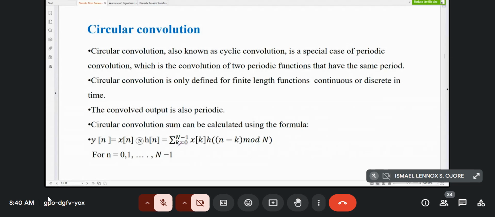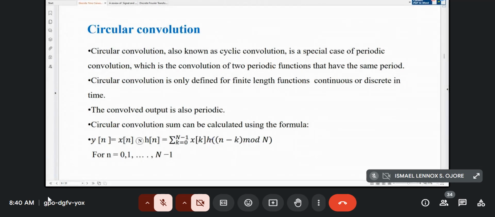We are talking about specific 0 to N minus 1. Because remember here, the two sequences are the same length, N, yeah. So x of k, h of (n minus k) mod N.